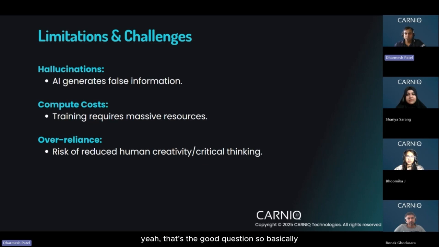Basically, generative AI, or whatever models we have discussed, at the start don't know anything. You train them with a lot of examples and data, and then they generate the output. For each task you have something different.